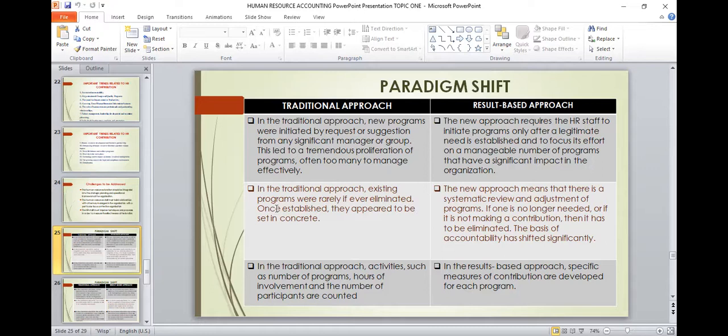Now, the traditional approach and its activities never involved HR professionals. In other words, the top management had the prerogative to undertake almost all the activities. The HR and all other parties and people who are regarded as partners were never involved.